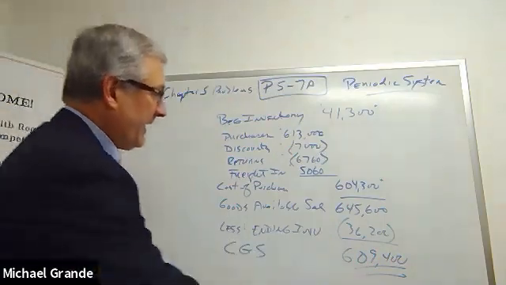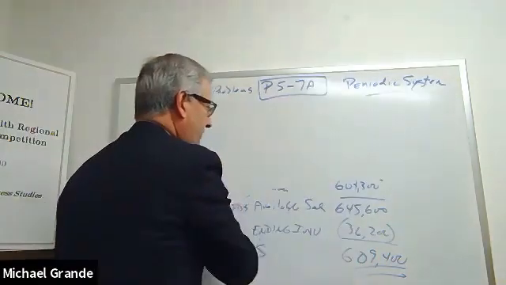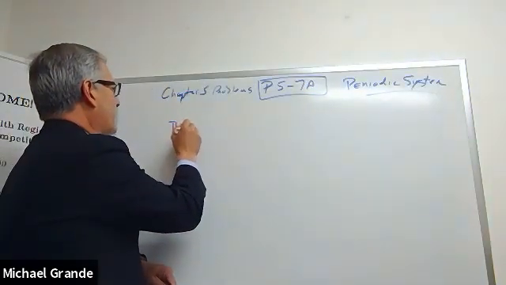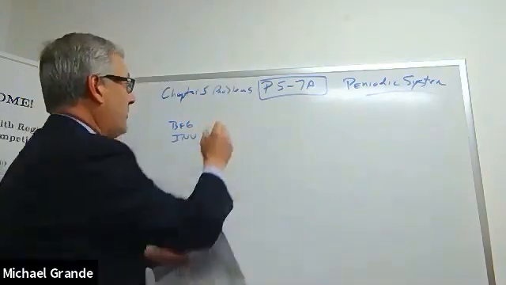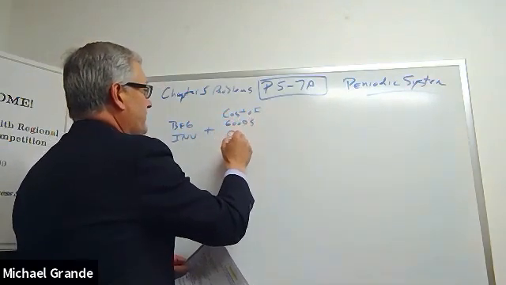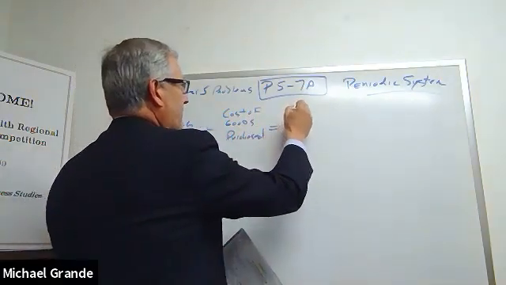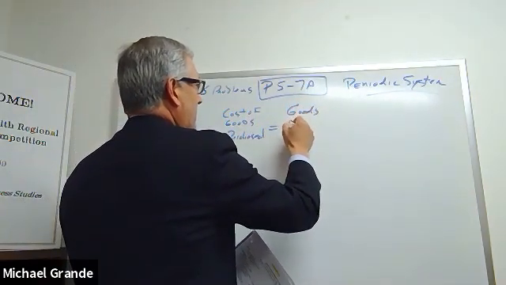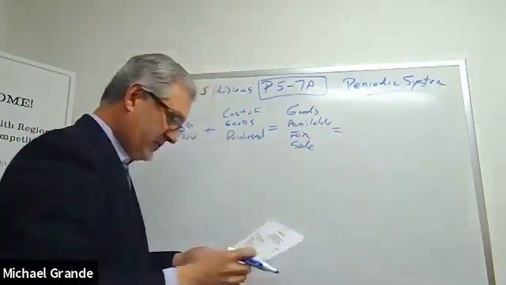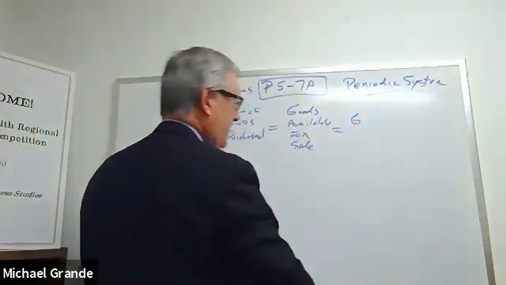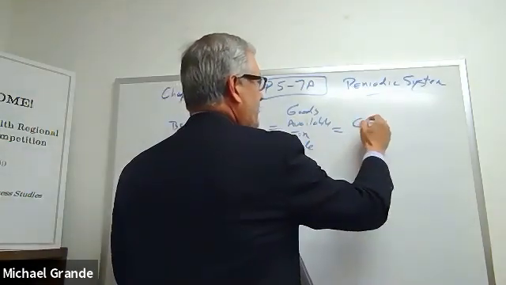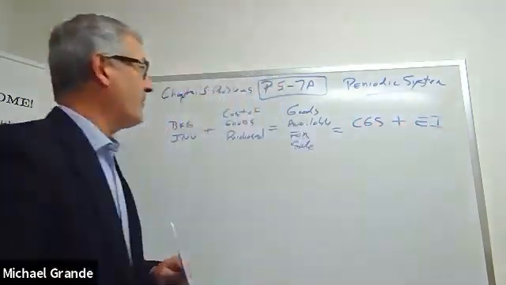$609,400. And as I mentioned earlier, another way to look at this is that beginning inventory plus cost of goods purchased equals goods available for sale, which also equals, I'll do it one more time, CGS plus ending inventory.